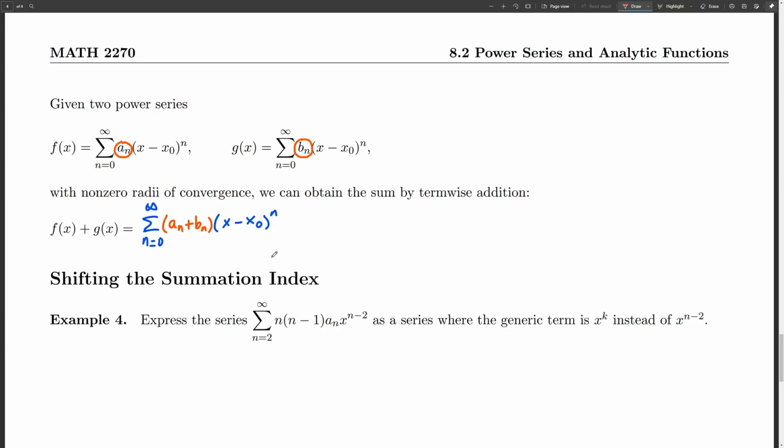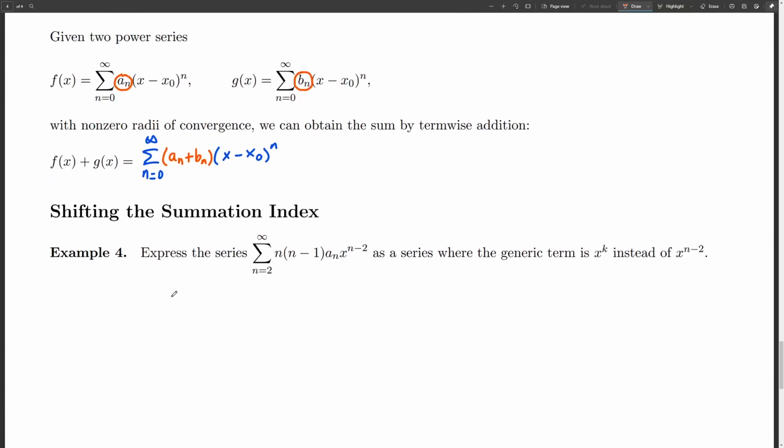Now, if that is not the case, so for instance, if one of the powers is n plus 1 and another is n minus 1, what we can do to add those power series is shift the summation index. So I'll show an example of this.